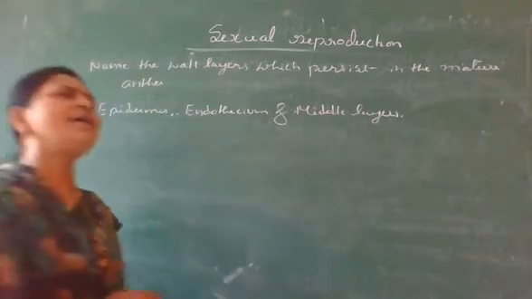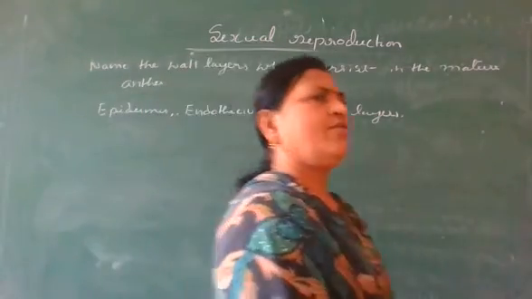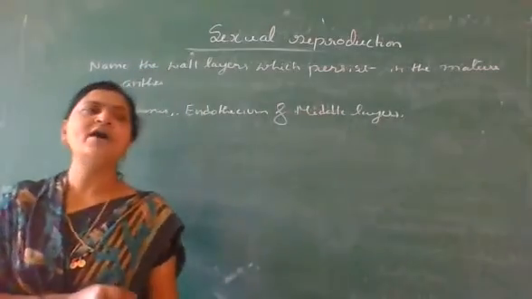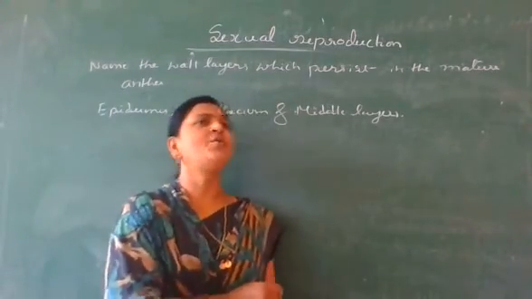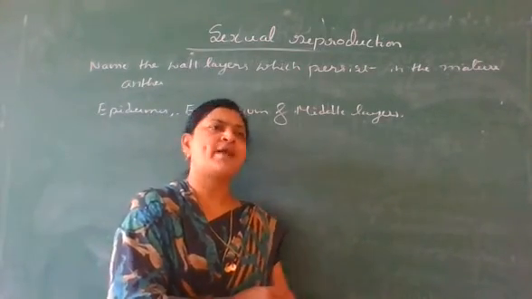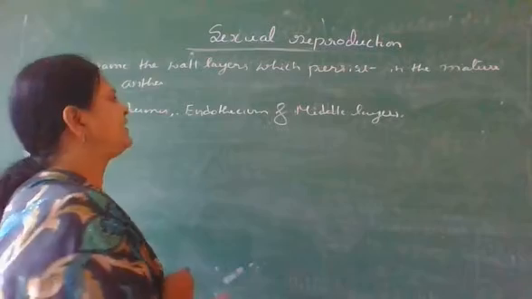Now, which layer of the anther has cells that are multinucleate, resulting from endomitosis? That is tapetum.